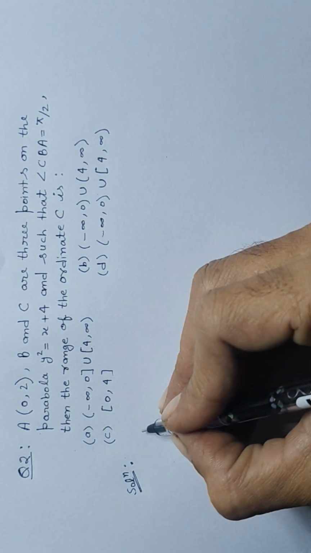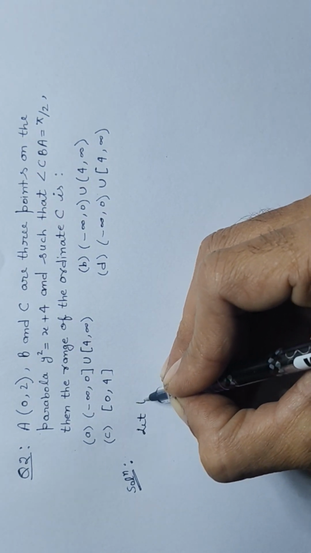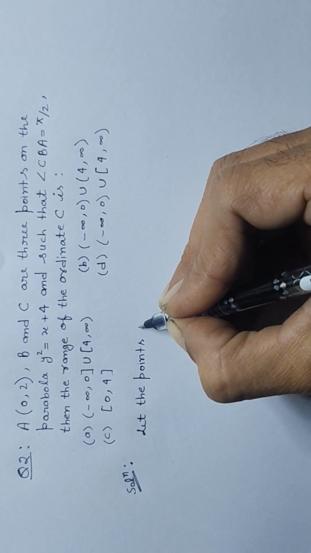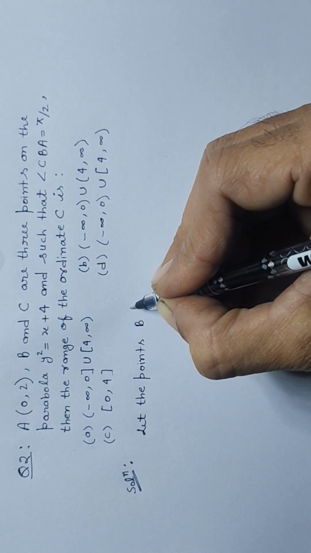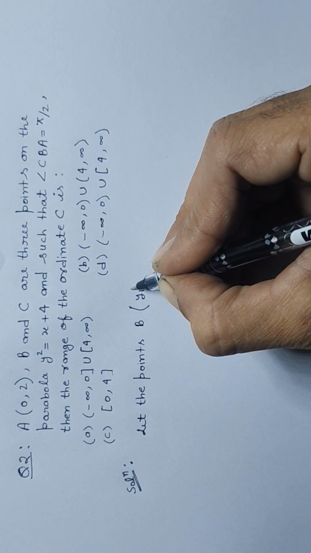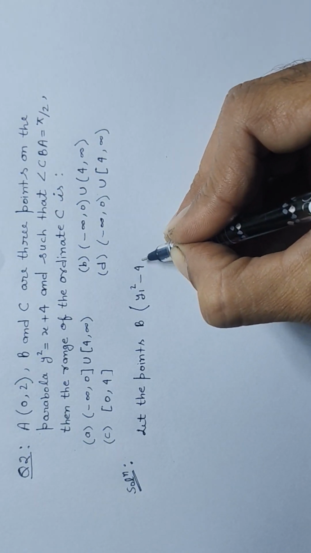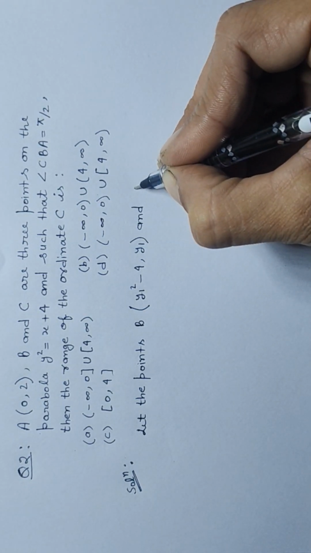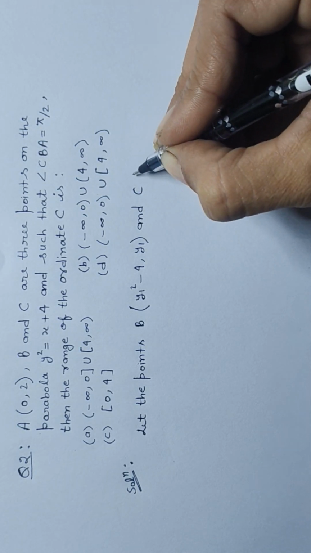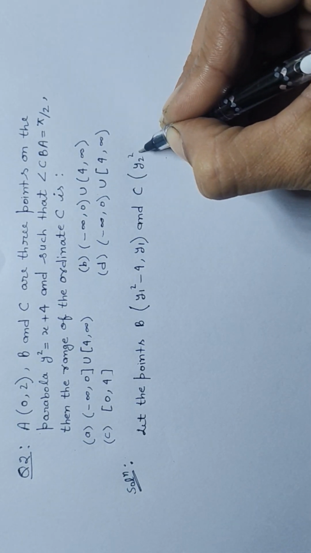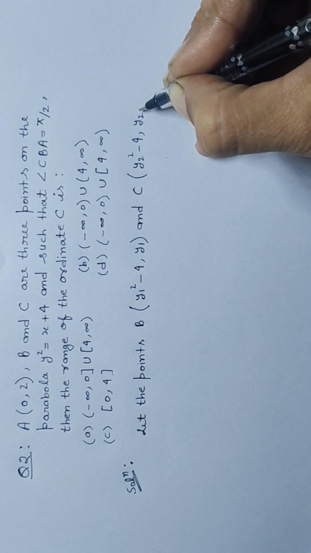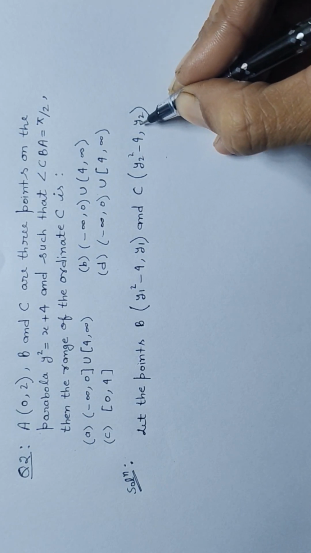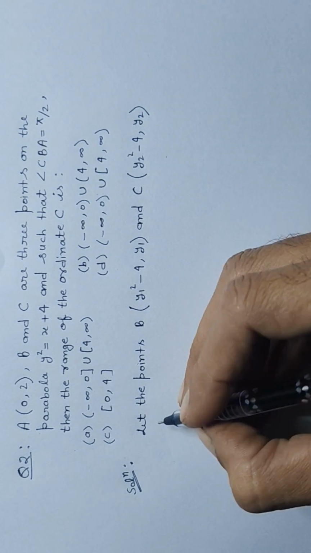So let the point B be (y1 square minus 4, y1), and the coordinate of the point C is (y2 square minus 4, y2), and we have to find the range of y2.